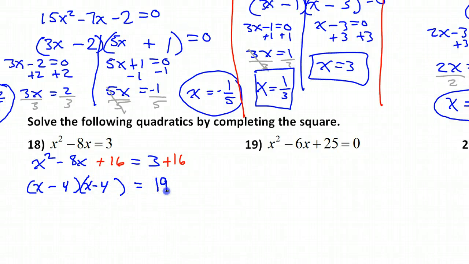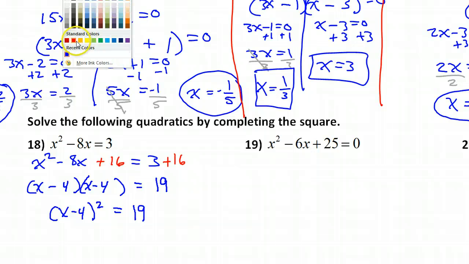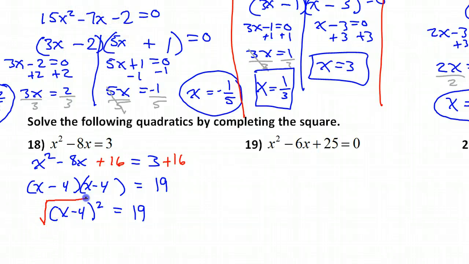And it's looking like 19. That will make x minus 4 squared if I want, and I do. Now I can unsquare this using a radical. So I can take the square root of both sides. Please don't forget your plus or minus.